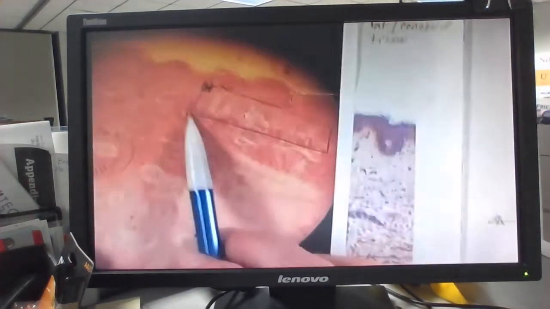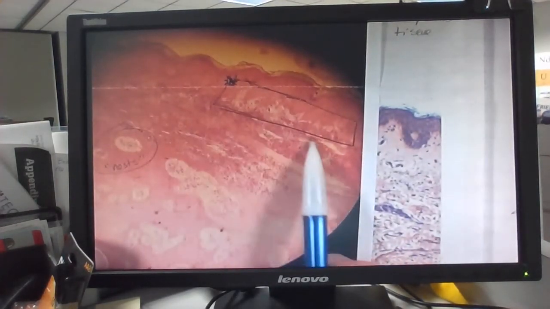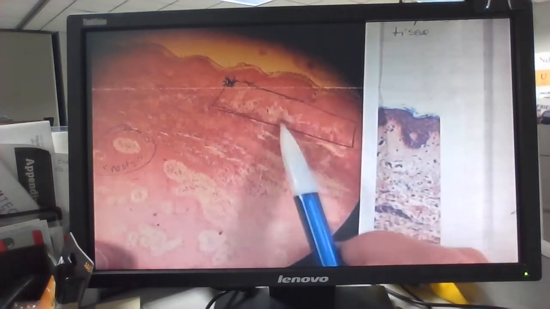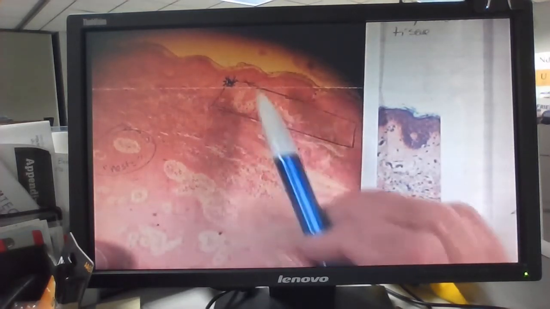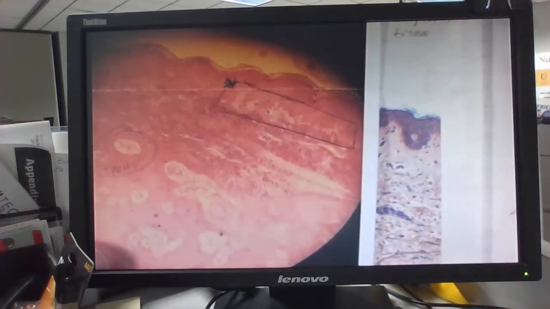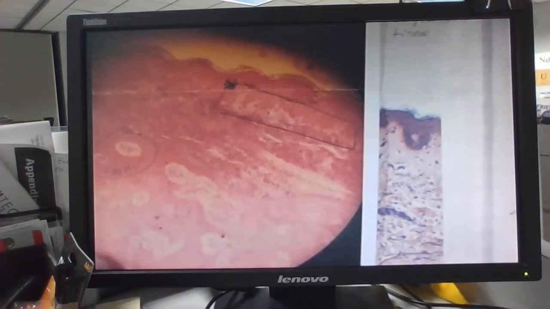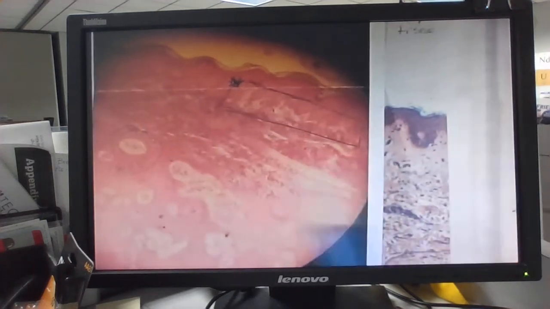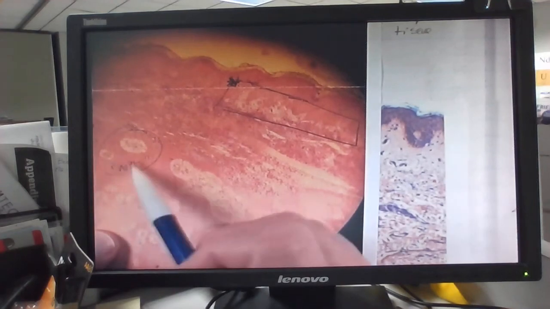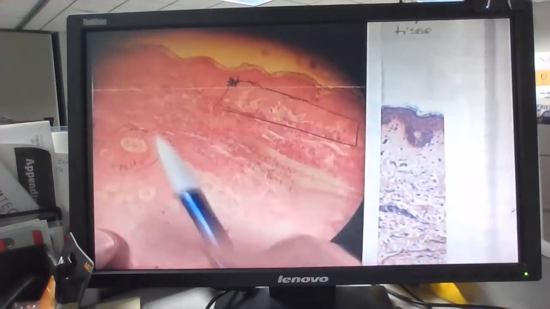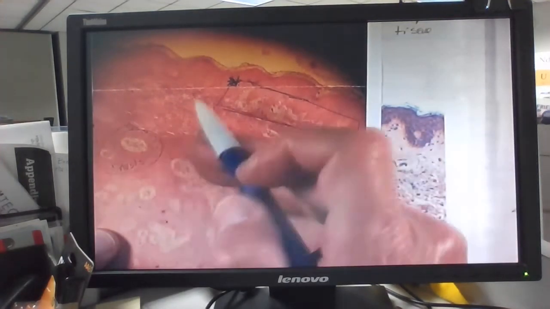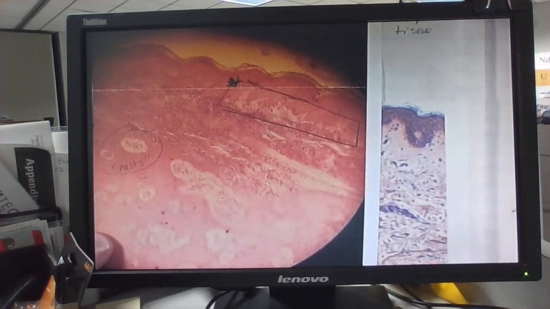So basal cells are the ones that are at the bottom of the epidermis. And in this area right here, we don't see the uniform pink all the way down. We see that there's some stuff that's kind of invasive in here that doesn't look like it's supposed to be there. They're also saying that these little cells right here represent nests or places where there are cancer cells growing within that bottom part of the epidermis, the top part of the dermis.